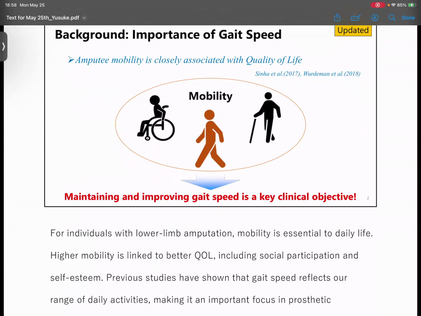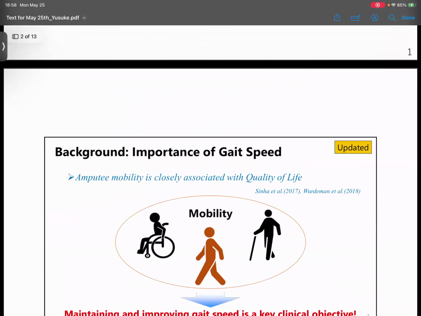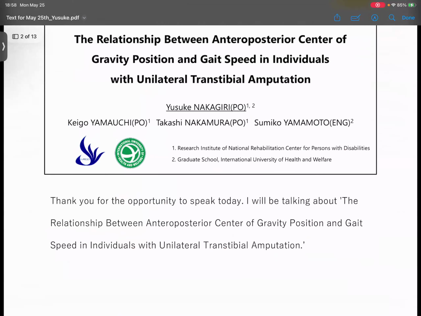For individuals with lower limb amputation, mobility is essential to daily life. We have a couple issues here. Individuals. Yeah, we had another issue back here.